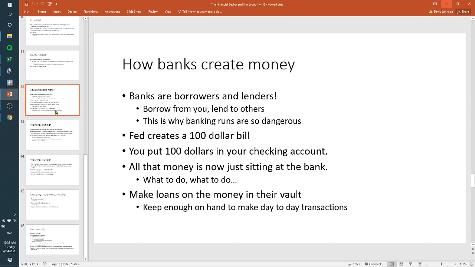So banks don't need to have all the money that their depositors actually have on them at the time. What they can do is make loans out on that. And when they do that, that becomes money that is spent by somebody else, and that creates income for another person. And so this creates a snowballing effect where you end up having just a small deposit in the bank making quite a bit of new money.